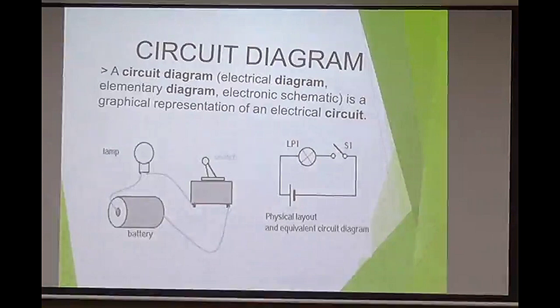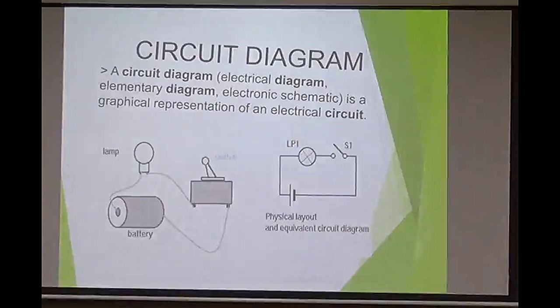Therefore, we use a circuit diagram, which is also called an electrical diagram, elementary diagram or electronic schematic. It is a graphical representation of an electric circuit.